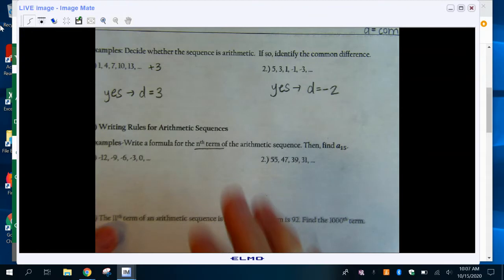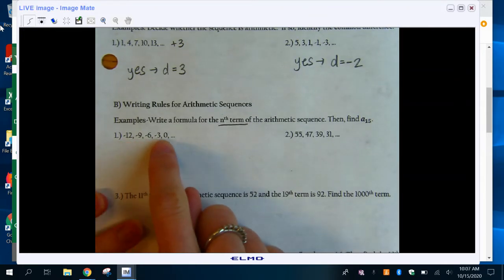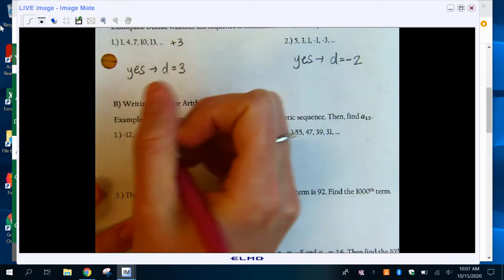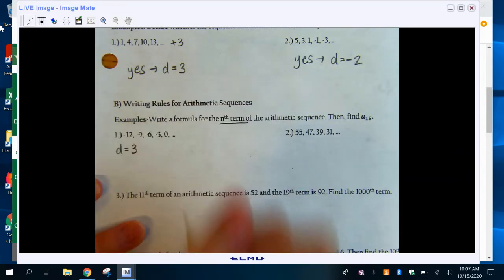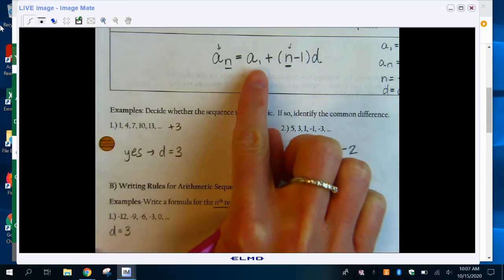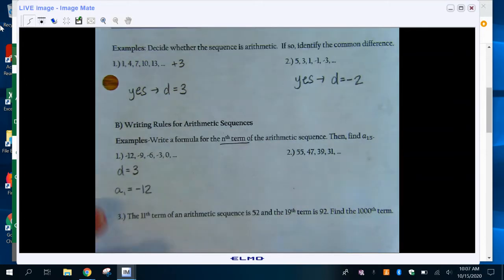So when I look at this sequence, we need to first figure out what's happening. What am I doing to get from one term to the next? It looks like I'm adding 3. So my common difference would be 3. And then in this equation, I need to know the first term. So the first term is going to be -12.